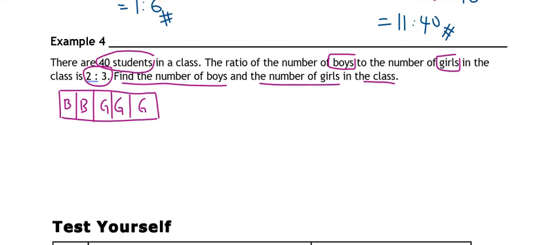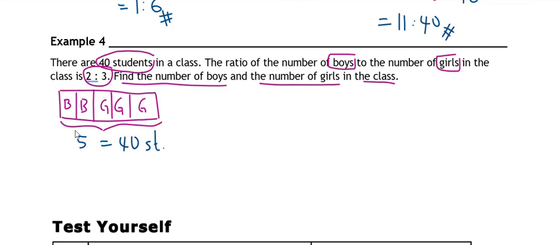Now here, this whole bar model diagram is representing the total number of students in the class, which is 40 students. Here you can say that 5 divisions in the bar model is representing 40 students, right?